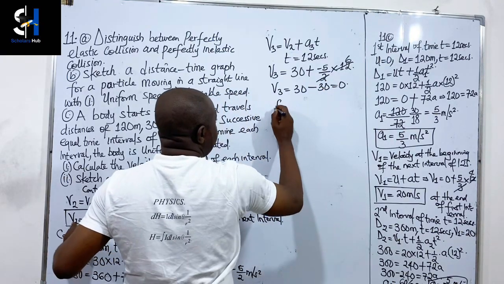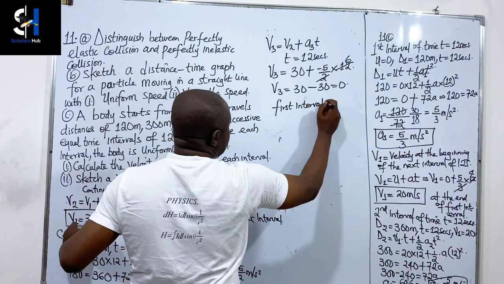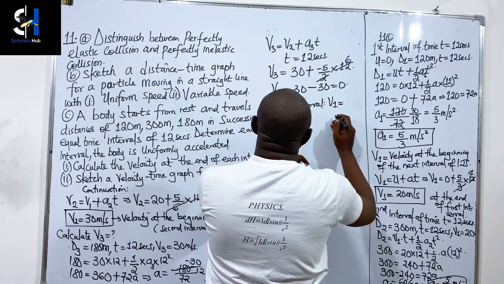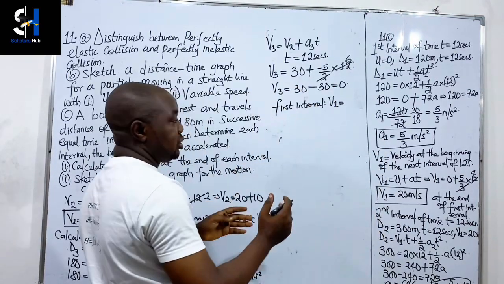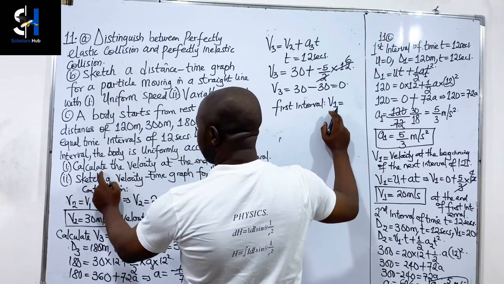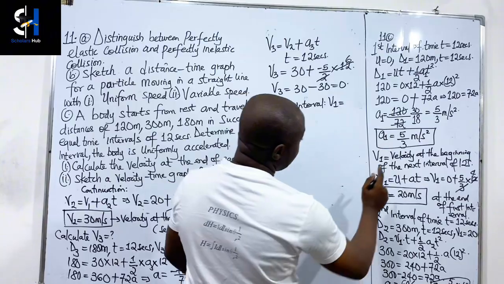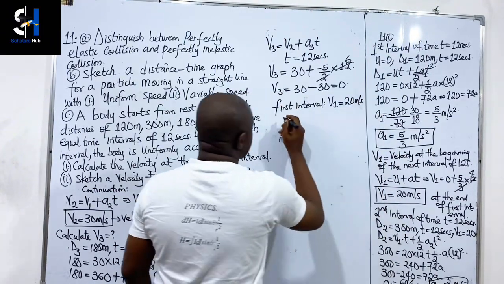So first interval, we have v1. This is very important because the question asks us to calculate the velocity at the end of each interval. So for the first interval, we got that to be 20 meters per second.